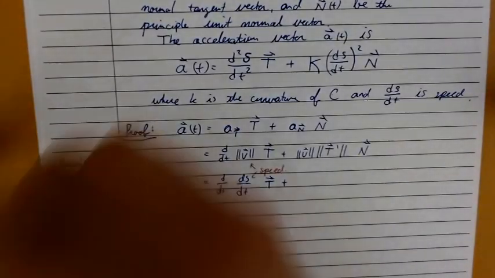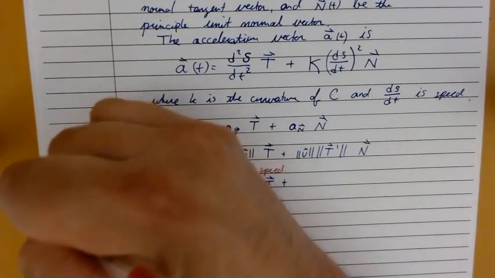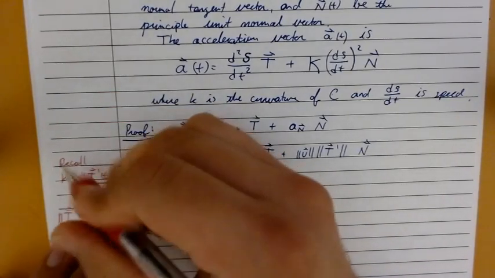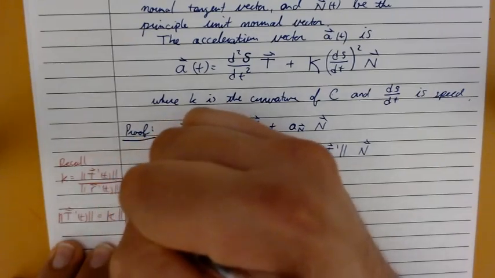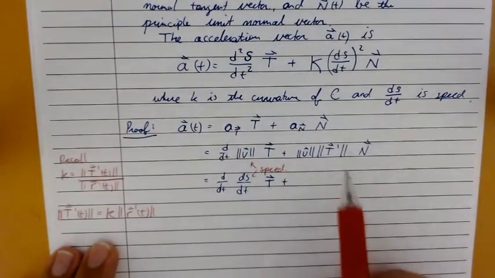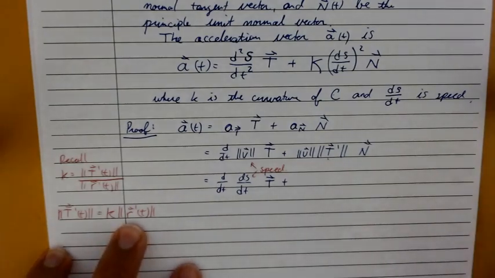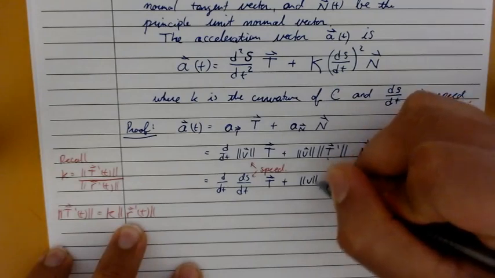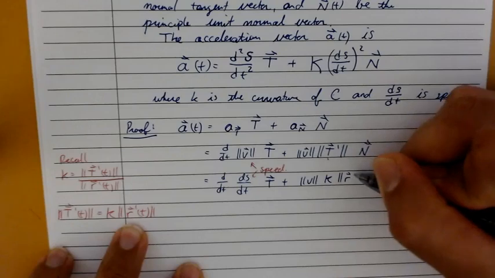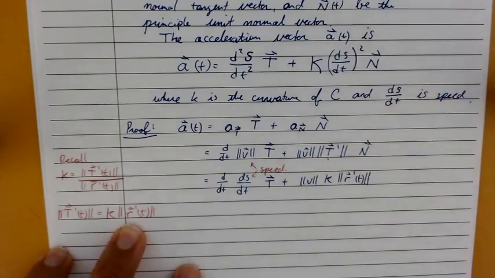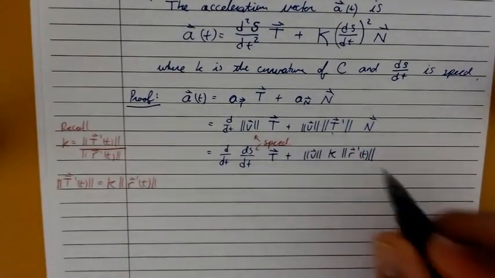Or I could always multiply this over to the other side, so the magnitude of T prime is equal to k times the magnitude of r prime. Oh, so that means this magnitude of T prime can be replaced with this stuff. So that'll be plus the magnitude of v times k times the magnitude of r prime of t.